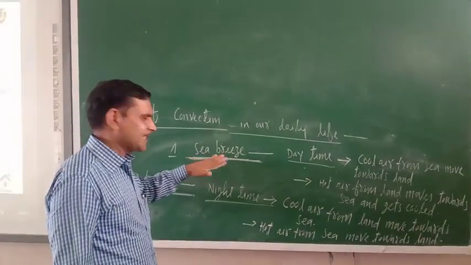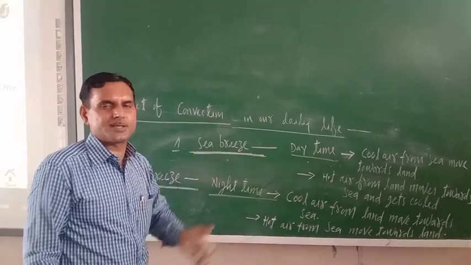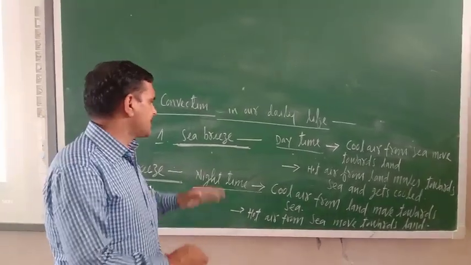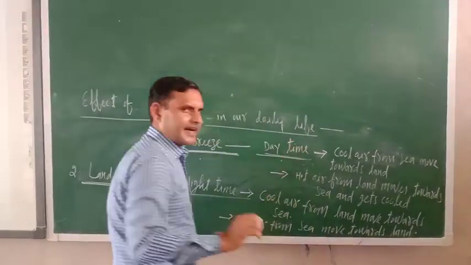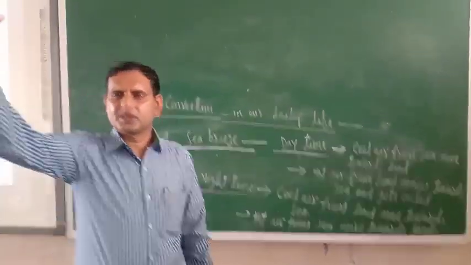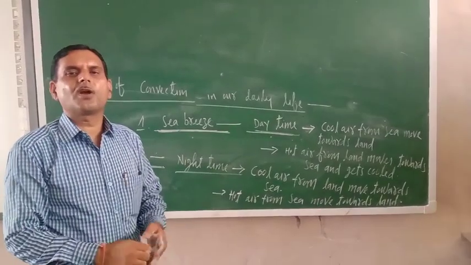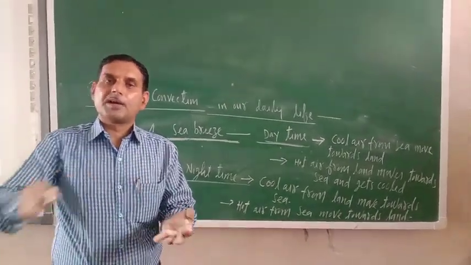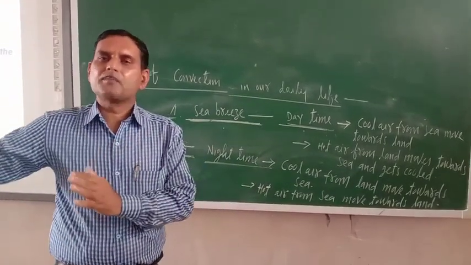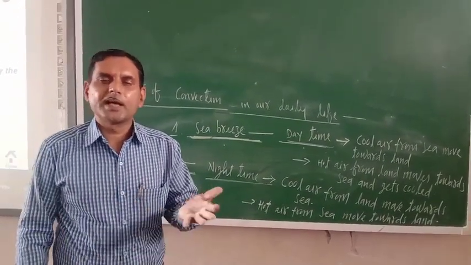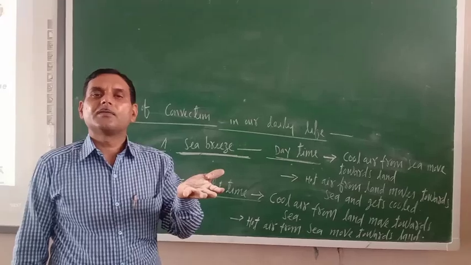So now first I am explaining sea breeze. You just see. Sea breeze takes place in daytime. Actually in the day, what is happening? Sun rays are falling directly on the land, but they are falling on the sea water also. But remember, as compared to sea water, land will be heated fast.